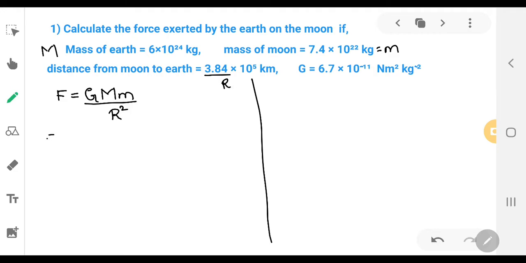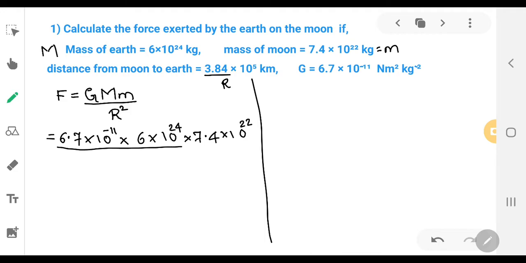So substitute the values in this equation. G value is 6.7 into 10 to the power minus 11 into capital M value 6 into 10 to the power 24 into small m value 7.4 into 10 to the power 22.